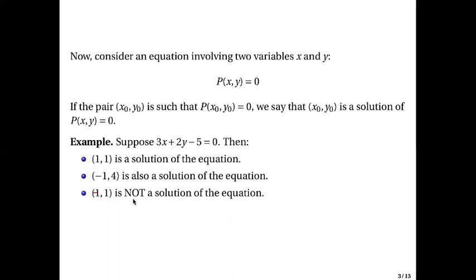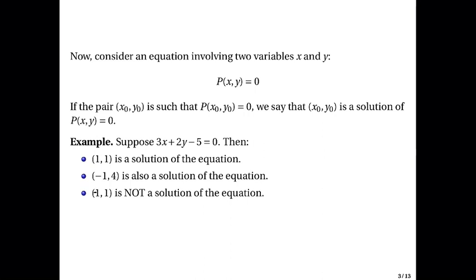Negative 1 comma 1 is not a solution of the equation. So I am changing this to negative 1 comma 1. So when you replace your x with negative 1 and your y with positive 1, the equation will not be true, okay?